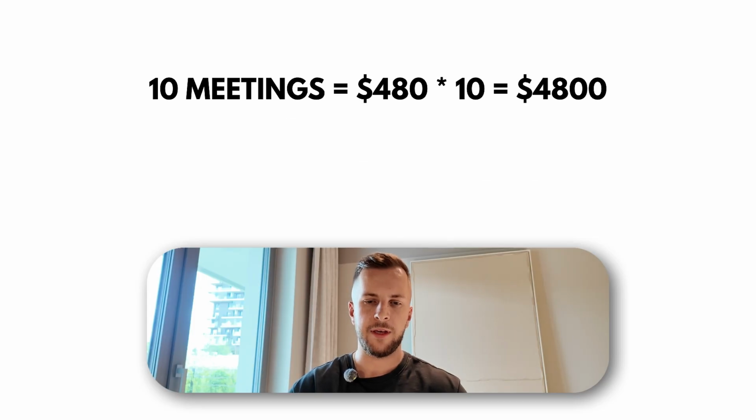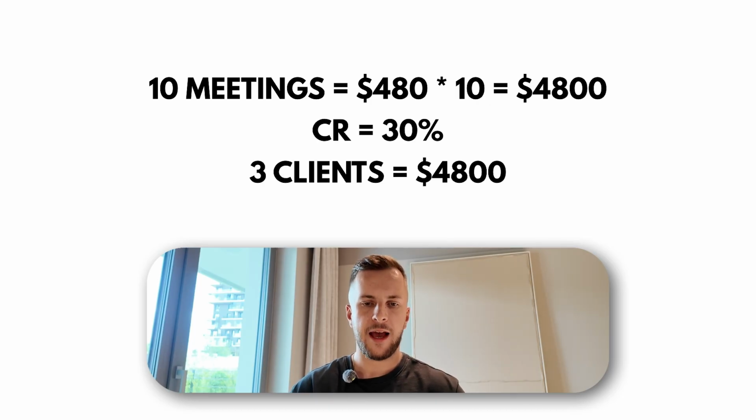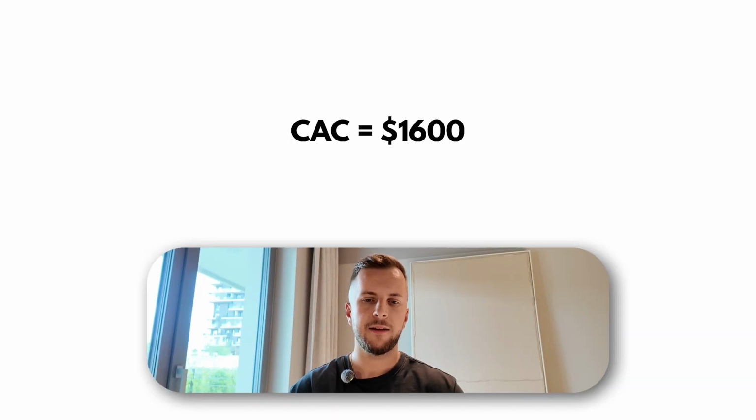And to get 10 meetings, if we know that our cost per show is $480, that means to have 10 meetings, we need to spend $4,800. So 10 meetings, $4,800, close rate 30%, 3 clients cost us $4,800. So if we divide $4,800 by 3, then our CAC is $1,600.